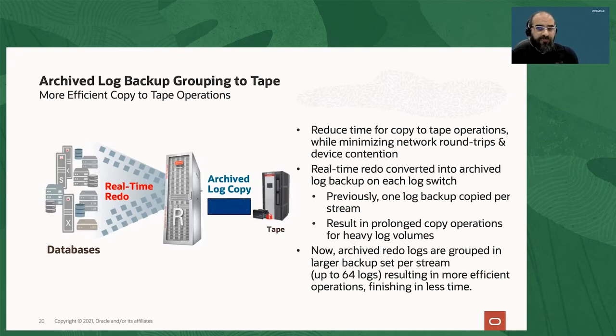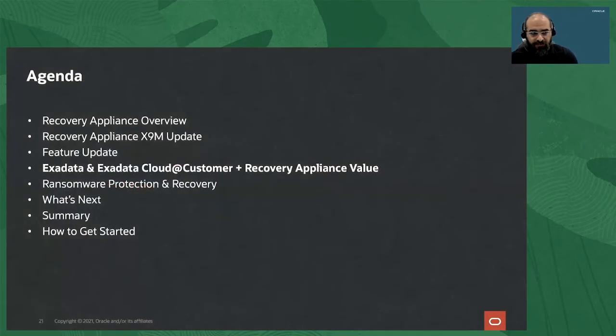That's obviously more efficient when you bundle the files in one big bundle rather than sending them in single streams, which is going to be consuming low bandwidth and not performant and taking time. So this is very important for the long-term retention and for security and compliance. This is the archive log grouping.